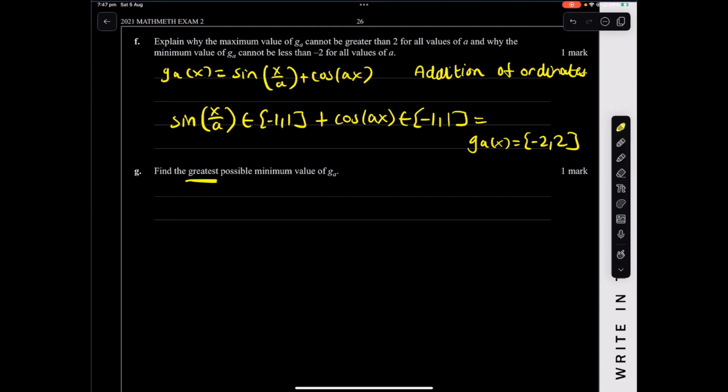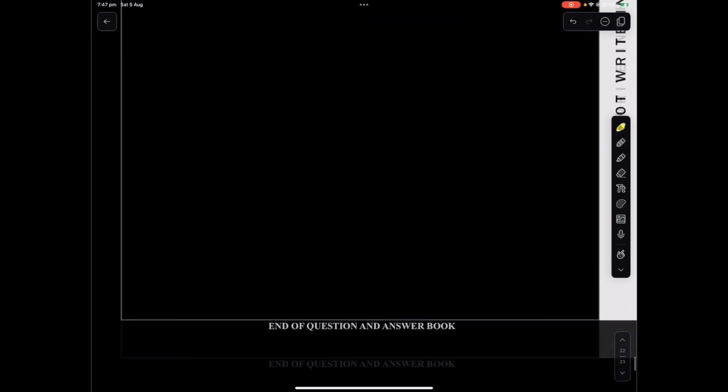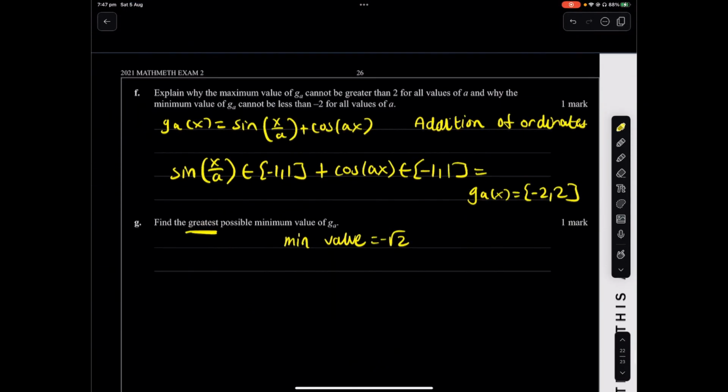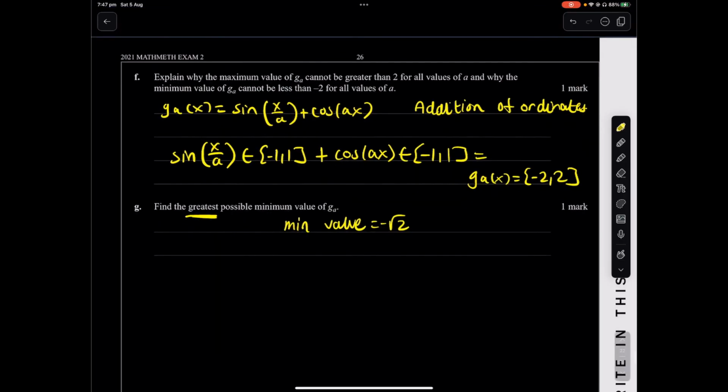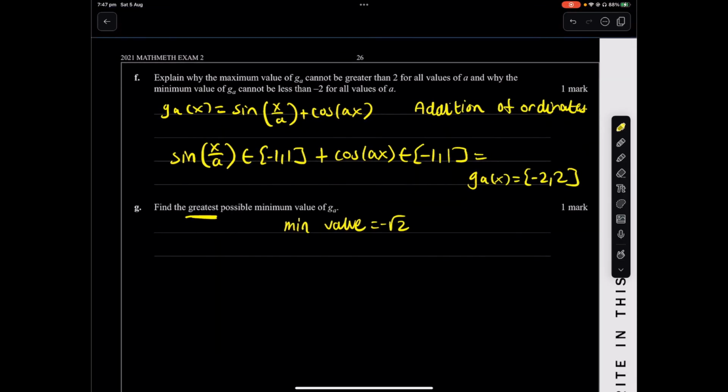So your minimum value is equal to negative root 2. Is that right? I'll be honest, I think that's what the question means. Your greatest possible minimum value is negative root 2. If it's wrong, I'm not surprised, because it's such a confusing question.